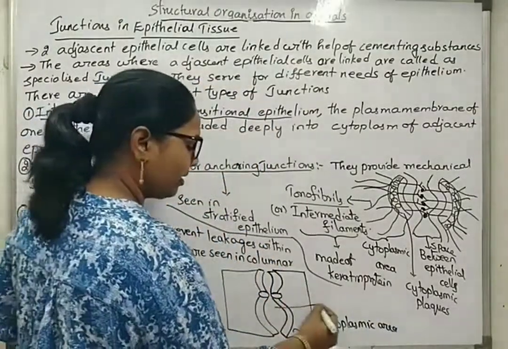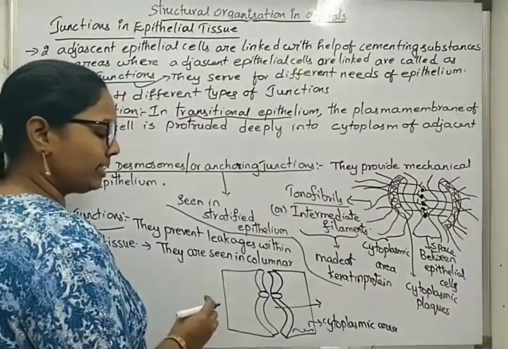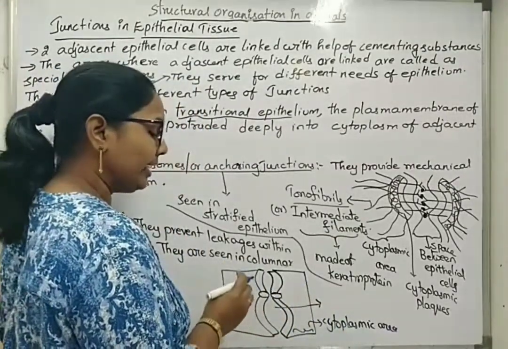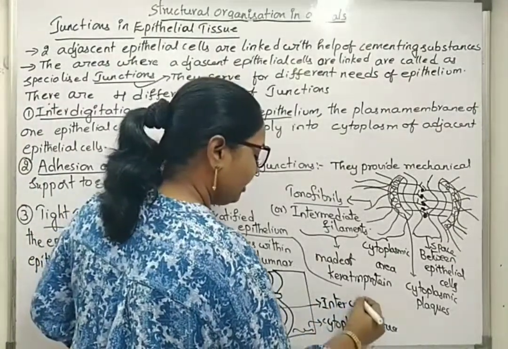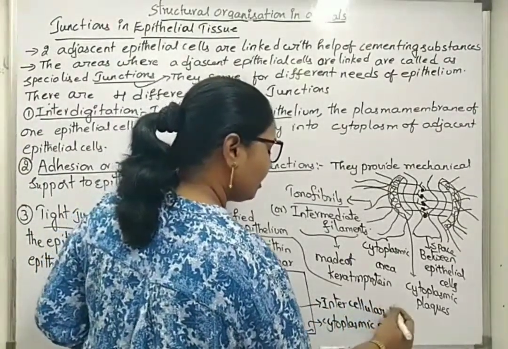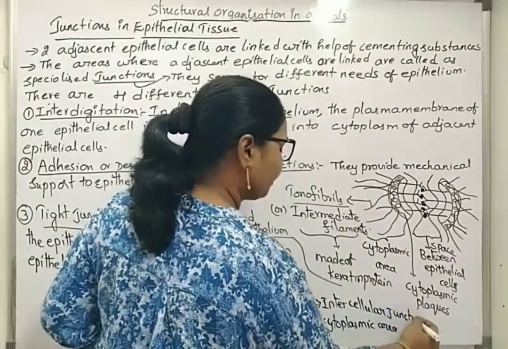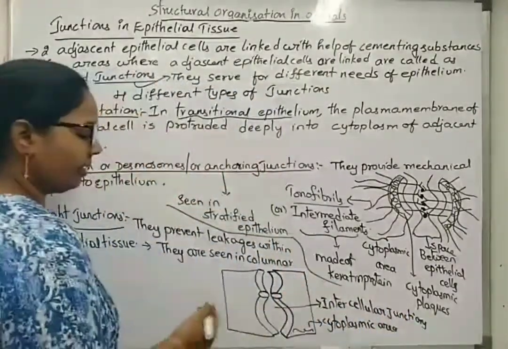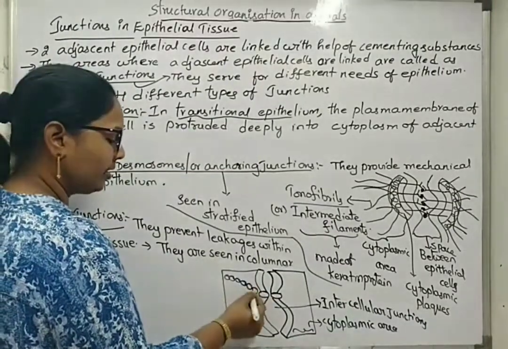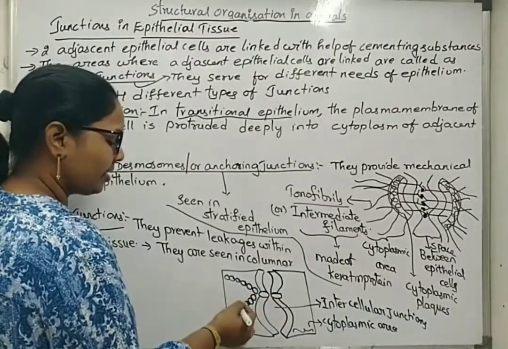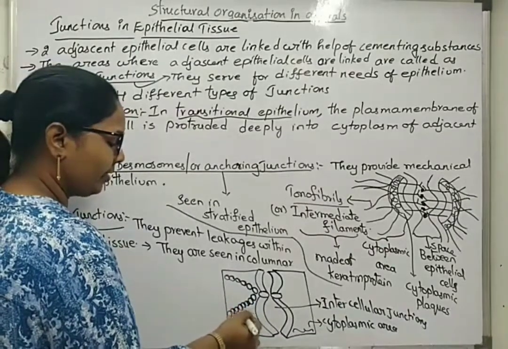This is between two epithelial cells. We also give a term like intercellular spaces, intercellular junctions also. These are having different types of carrier channels, cytoplasmic channels also we can give.